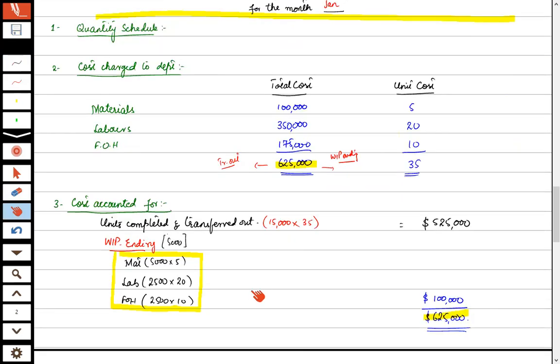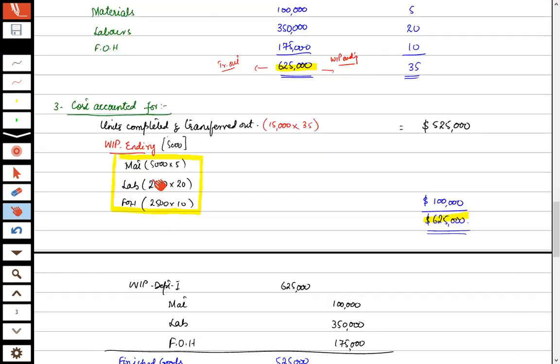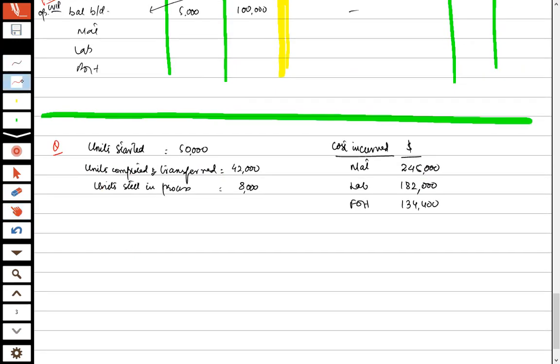But see, to calculate the unit cost for the cost of production report, we have to calculate equivalent production units. Let me tell you the percentage of completion of units still in process: 100% labor or material, 50% labor, and 40% FOH. Okay.